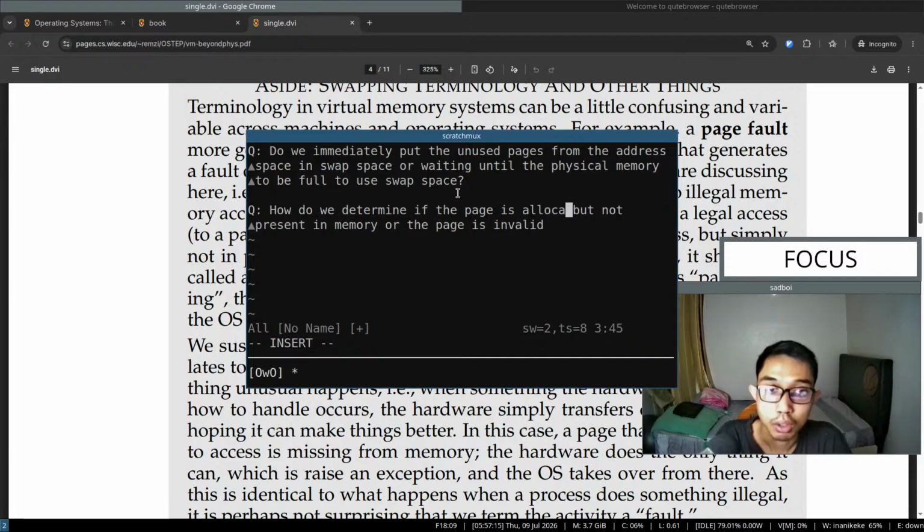The page is allocated, maybe that's the word, but not present in memory, and the page is not allocated at all. What is it called? Segmentation fault. Something like this.